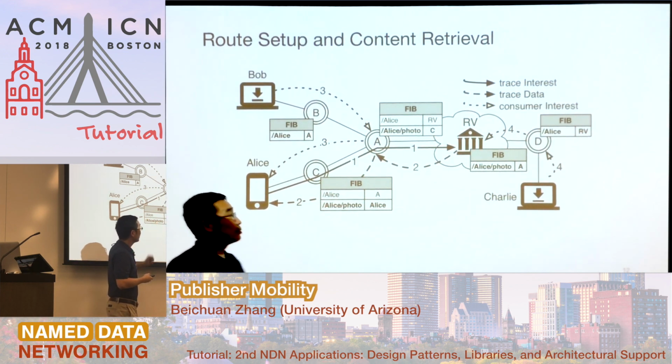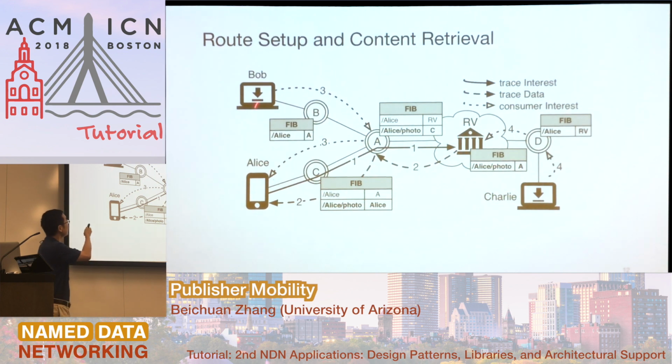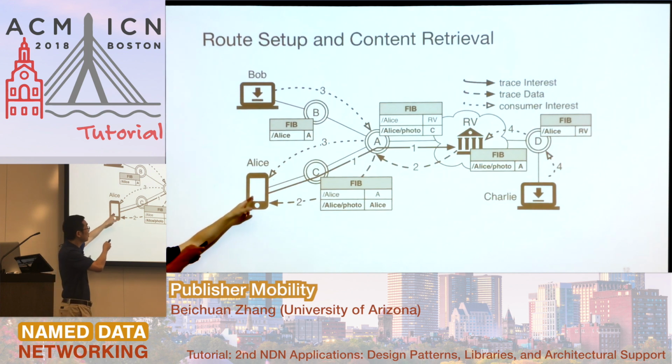Now, once this is set up, if there's a consumer here who wants to retrieve Alice's photo, it will send an interest. And router B is not on this path, so router B doesn't have the prefix to reach the phone, but it can forward towards the rendezvous point. If it merges onto this path, then A knows better.